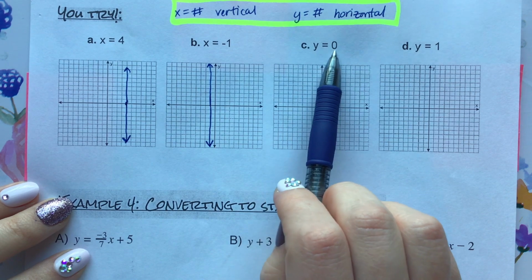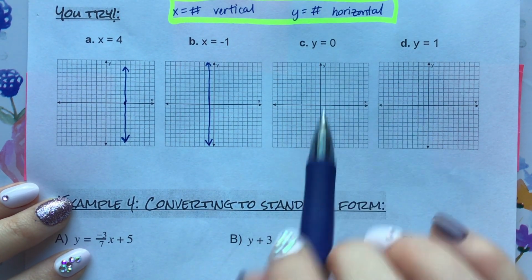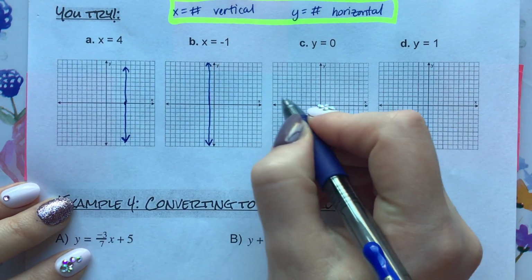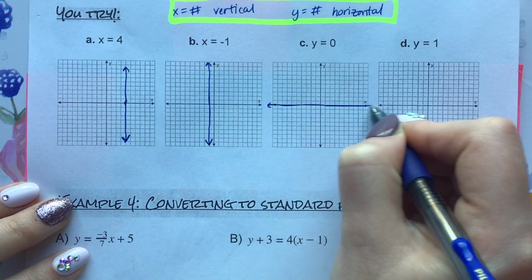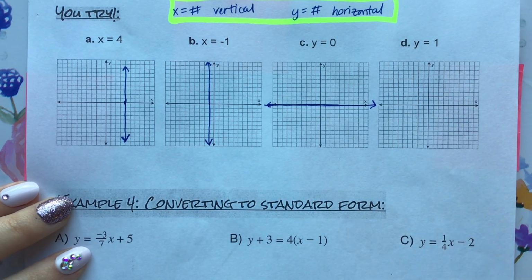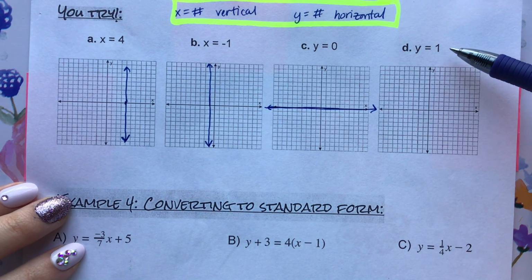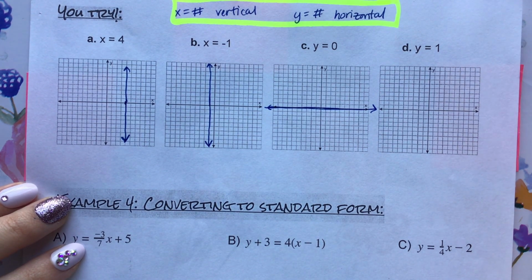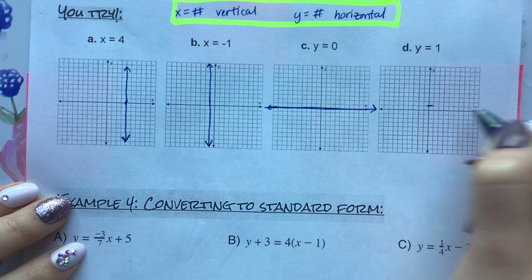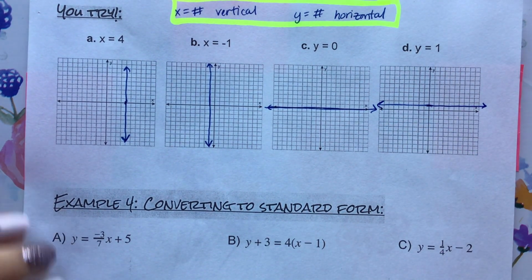Next I have Y equals 0. Well, because it's Y equals a number, it's going to be horizontal or going left to right. So I am going to put that where Y equals 0, which is on the axis. Finally, I have Y is equal to 1. Well, when Y equals 1, it's going through this coordinate right here, and it's still a horizontal line.